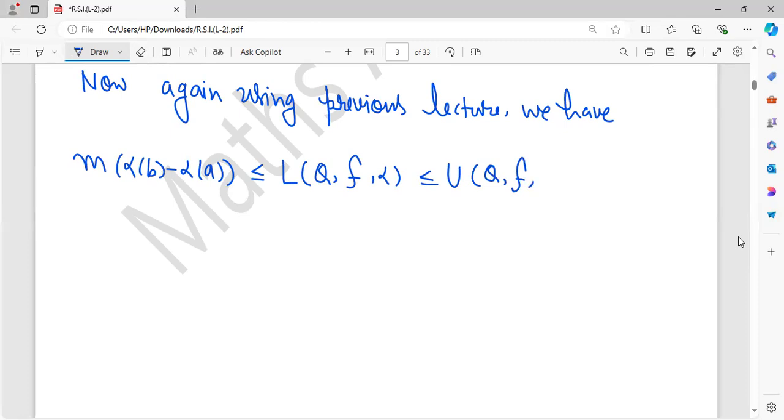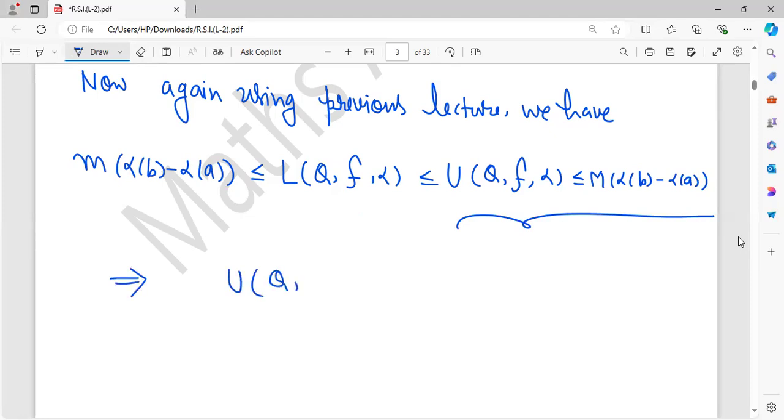In place of P you can take Q, because this result is true for any partition. Now combining, you take only this part. What you will have? U(Q, f, α) less than capital M times (α(b) − α(a)).